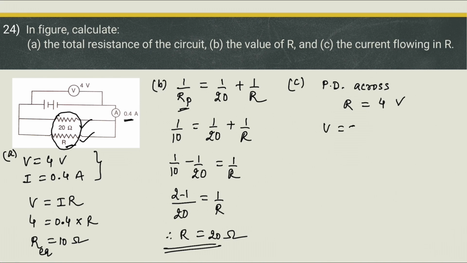So now V is equal to IR. The potential difference across R is 4 volt. The current through it we want to find, and the value of R is 20. So I is equal to 4 upon 20, 1 upon 5, 0.2 ampere. So the current flowing through the R ohm resistor is 0.2 ampere.